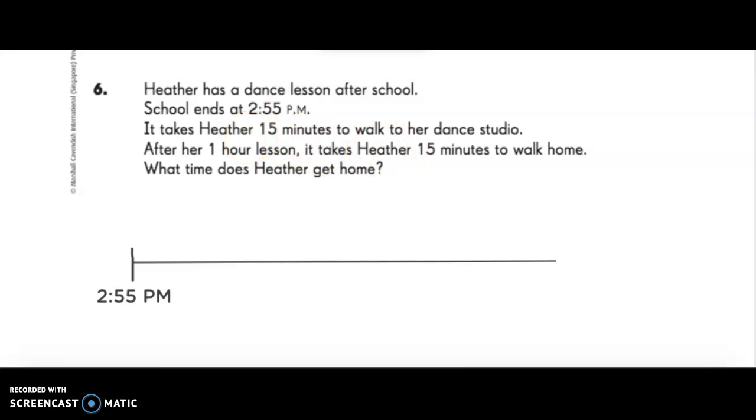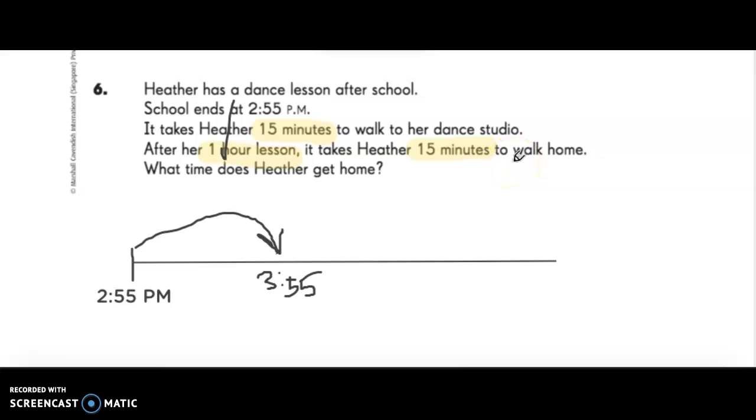And then you want to make sure, like I like to go through and highlight the different times that I need to make sure that I include in my jump because there's a lot going on in here. So she has her walk, she has her lesson, and then her walk again. So what we can do is jump that hour first, which would bring us to 3:55. And then from there, we still need to jump, and then you can maybe check it off too.